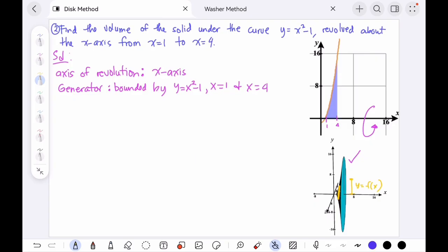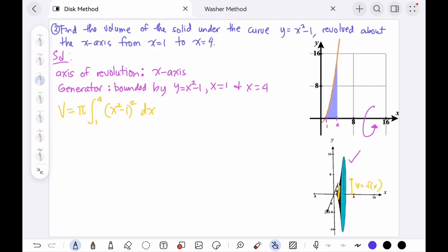Okay, so the volume now is pi integral from 1 to 4 of f of x, which is x squared minus 1, squared. This is the radius squared. Integrate with respect to x and evaluate from 1 to 4.